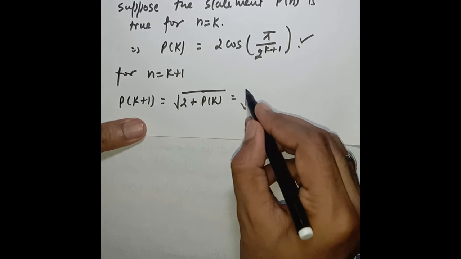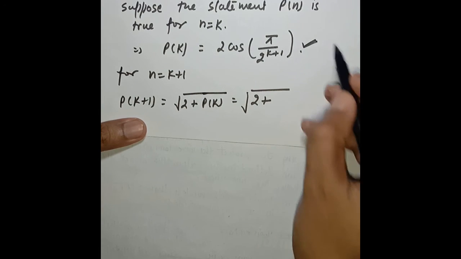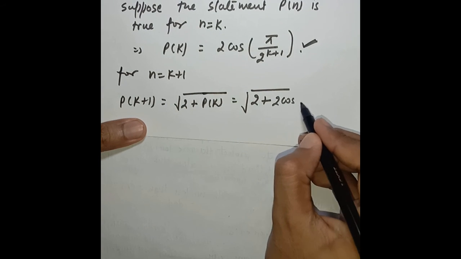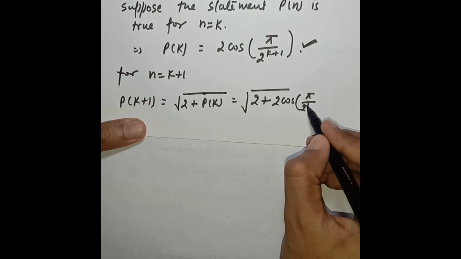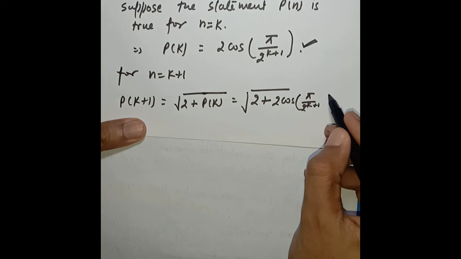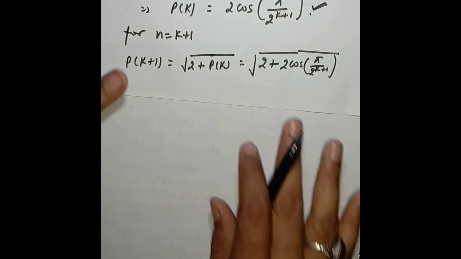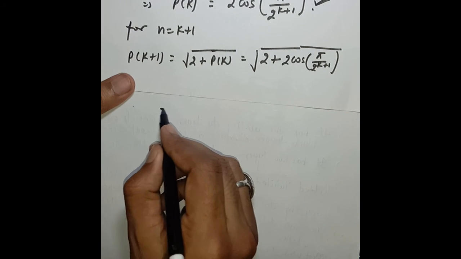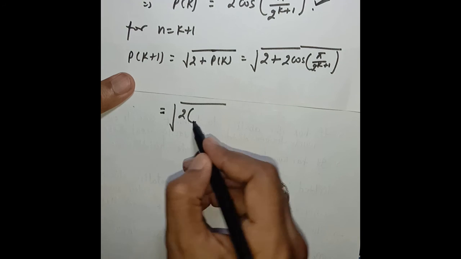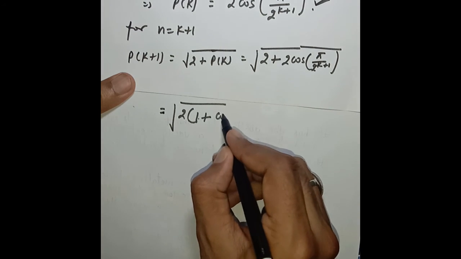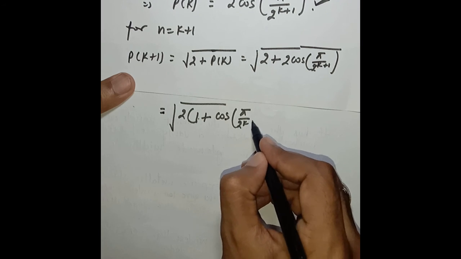This is equal to under root 2 plus, the value of Pk, which is 2 cos pi over 2 to the power k plus 1. So we can write this is equal to under root 2 times 1 plus cos pi over 2 to the power k plus 1.